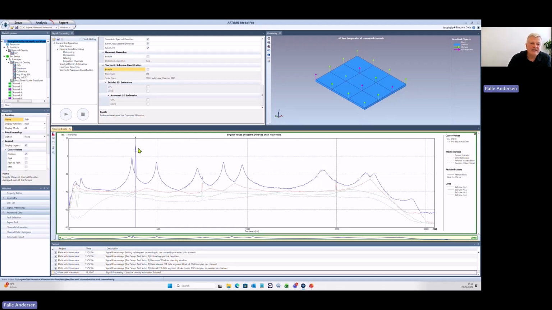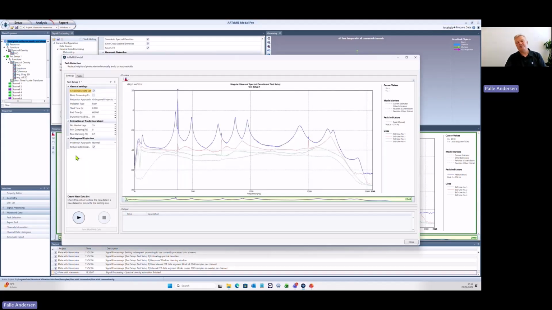When I have this one indicated here, I can start a tool called Reduce Peaks. This tool allows me to try to find all these peaks, or a sequence of data that only includes those, and then project the data orthogonal to that sequence, so that what comes out is data that is now blind to this sequence of harmonic peaks.